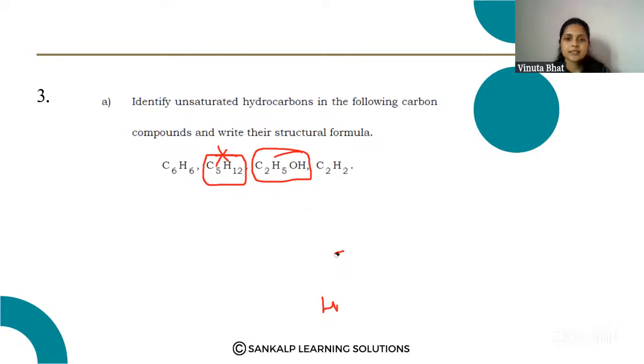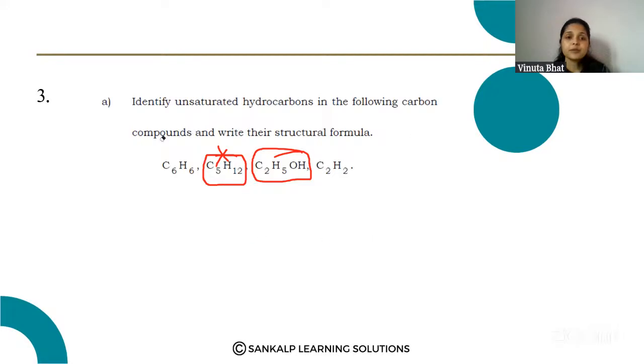Then let's check C2H2. C2 and hydrogen, here one hydrogen and here also one hydrogen. So this is an unsaturated hydrocarbon. C2H2 is the unsaturated hydrocarbon.